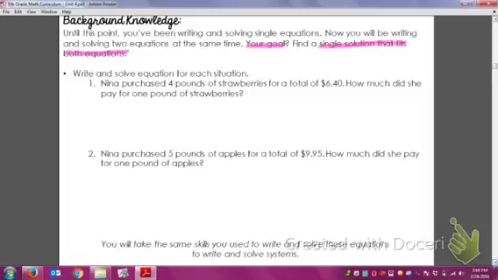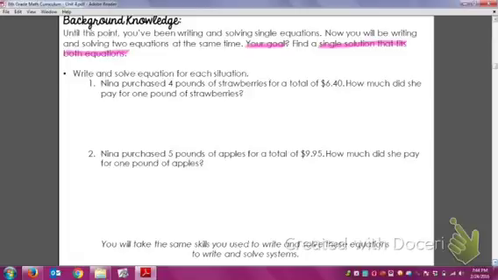Okay, so it says, number 1, write and solve an equation for each situation. So Nina purchased 4 pounds of strawberries for a total of $6.40. How much did she pay for 1 pound of strawberries? So first off, to write this equation, we need to identify what kind of equation is it?